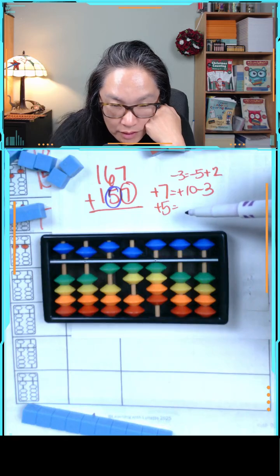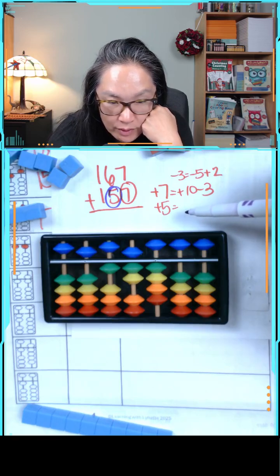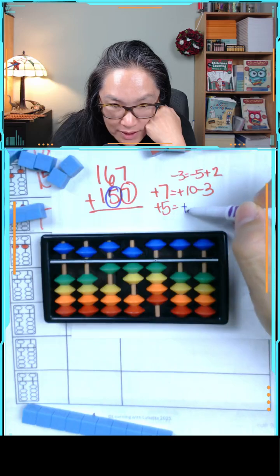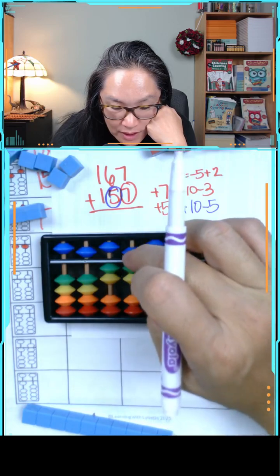No. How do you add the 5? Okay. We're going to have to go back a few steps because nobody remembers the formula. So plus the 5 is equal to plus the 10 minus the 5. So you plus the 10 minus the 5.